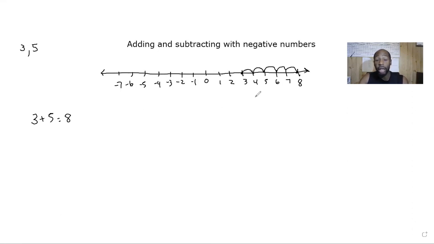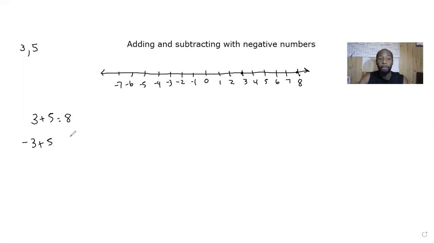All right. Now, what if 3 was a negative number, and we still wanted to add it to 5? So -3 plus 5.